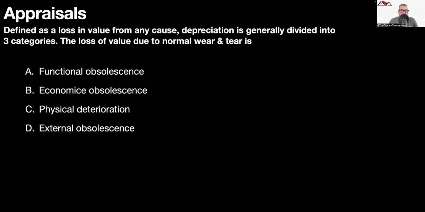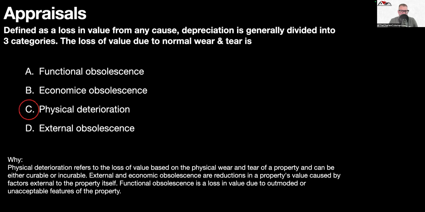Defined as a loss in value from any cause, depreciation is generally divided into 3 categories. The loss of value due to normal wear and tear is physical deterioration. Physical deterioration refers to the loss of value based on the physical wear and tear on a property and can be either curable or incurable.